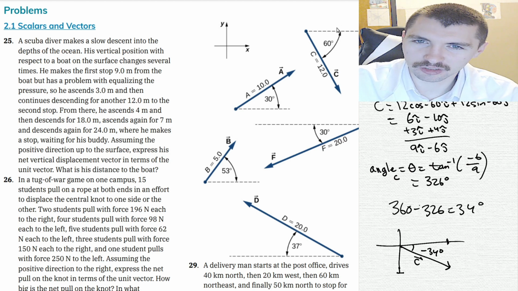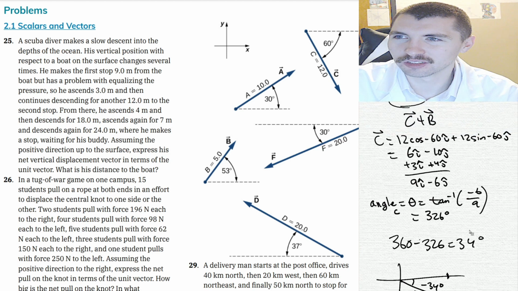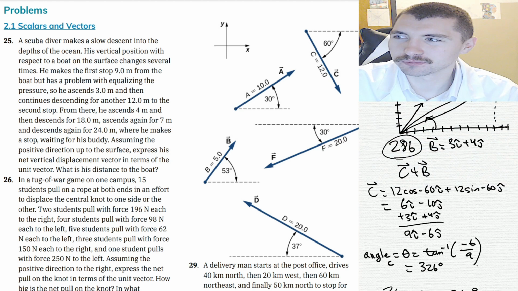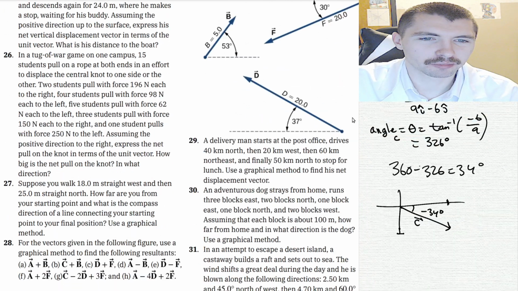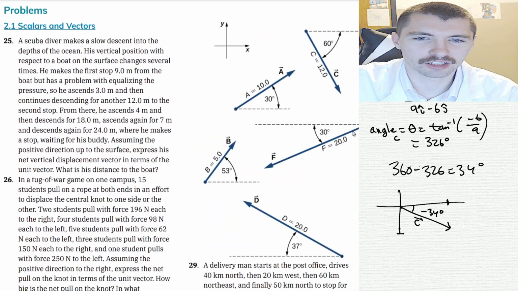I was expecting it to be a little bit more on the horizontal line, so we might have an error, but the math seems solid, I would say. So next time we'll pick up on C, which is D plus F.